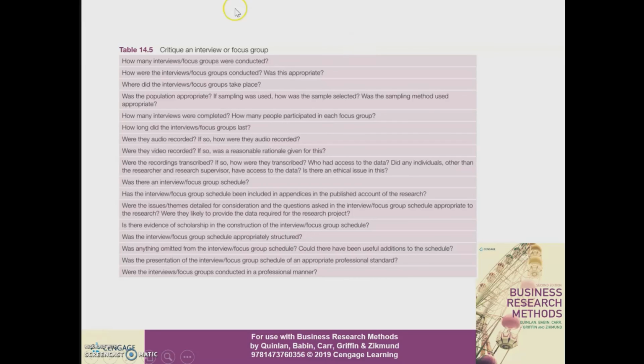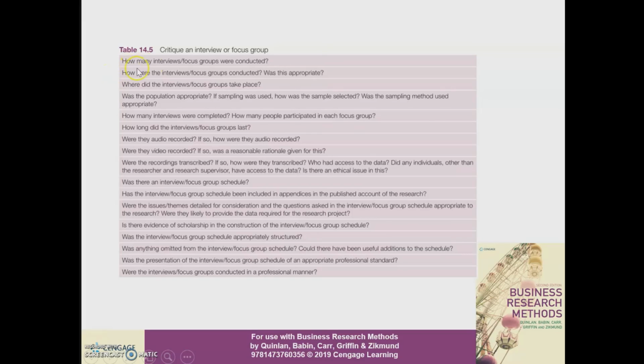We have several questions here, and most of them are for you to reflect on whether you have the justification that it is suitable for you to use an interview or focus group. As an examiner, for example, these questions are very useful.